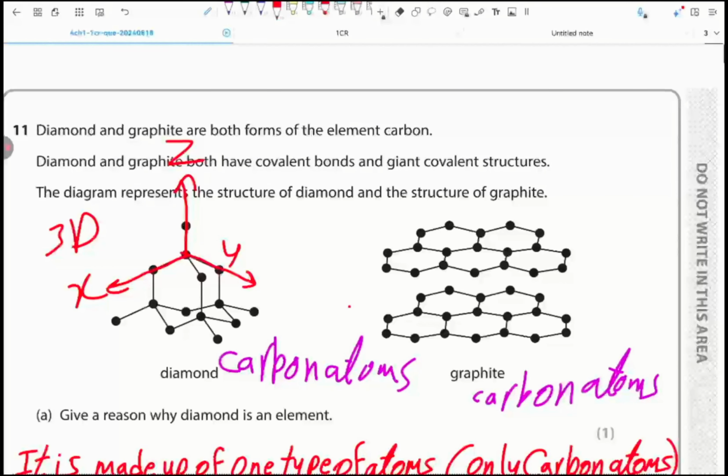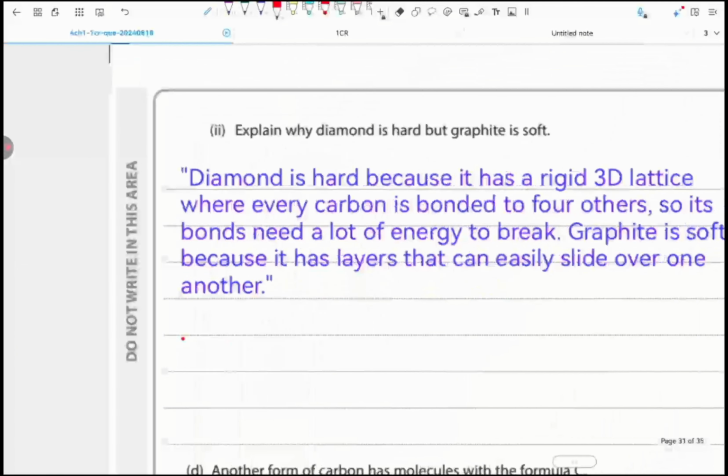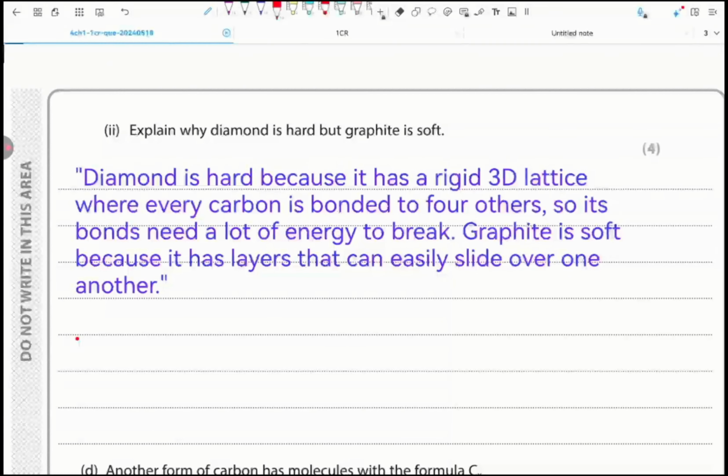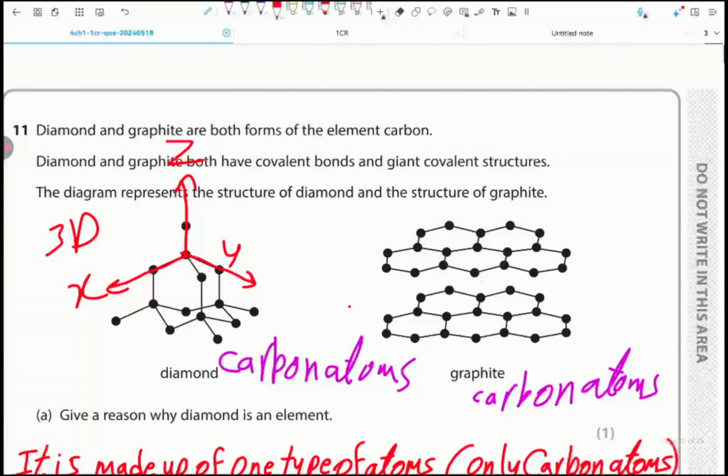This has a 3D lattice. And the bonds here, my friends, where every carbon is bonded with 4 others. So we have 4 carbons here: 1, 2, 3, 4 carbons, my friends. 4 carbons are bonding with this carbon.